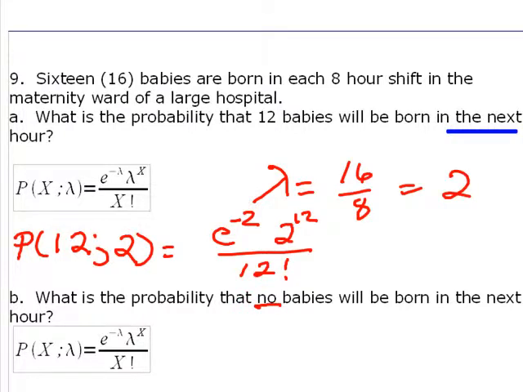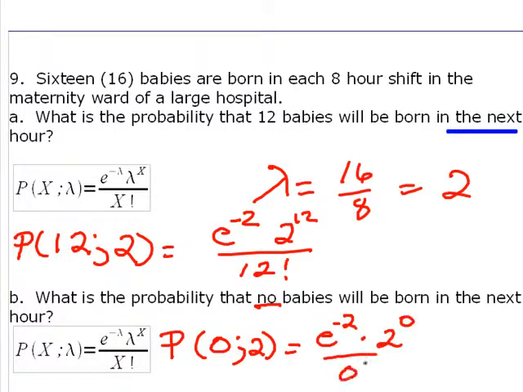It's not 0, and you can plug into the formula and find out what it is. You want x to be 0, given that the average is 2. This is e to the minus 2 times 2 raised to the 0 power over 0 factorial. Remember, 0 factorial is 1. I'll leave e to the minus 2 like this. You can calculate that easy enough.